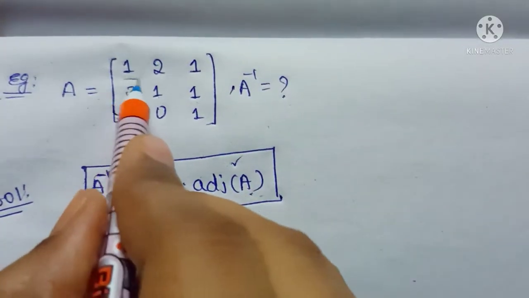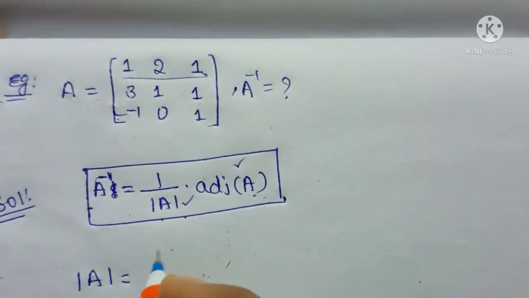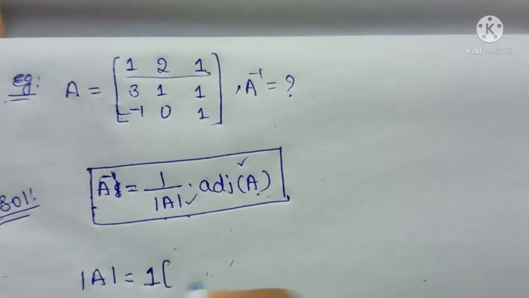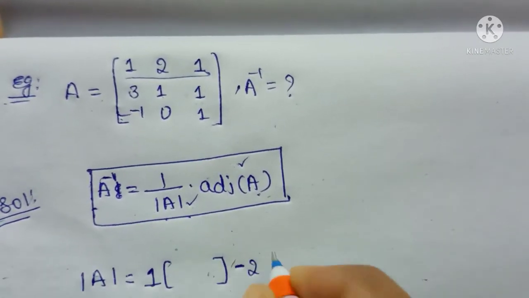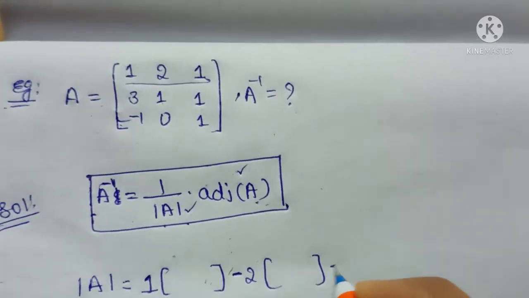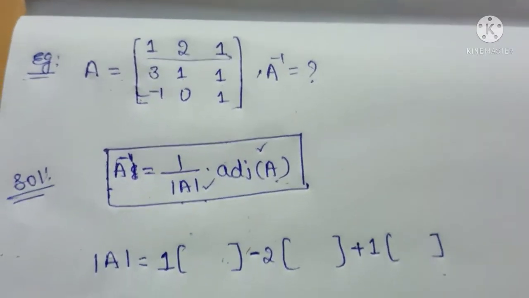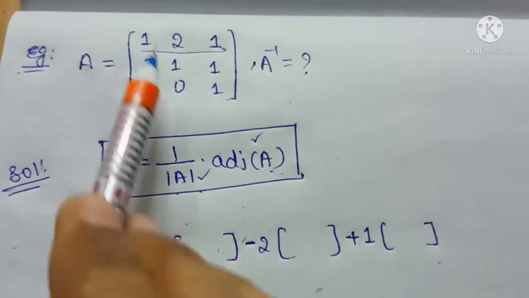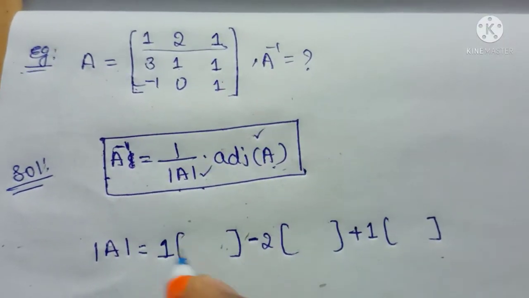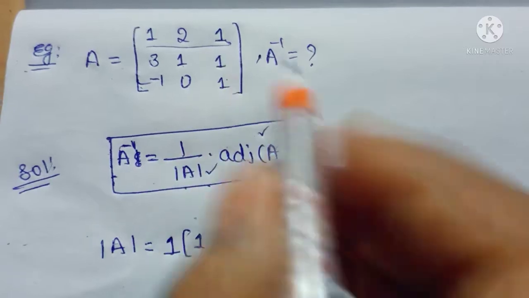Now I am taking the first row elements only: 1 into something, minus 2 into something, plus 1 into something. For 1, we close its row and column and take AD minus BC: 1 into 1 minus 0 into 1.